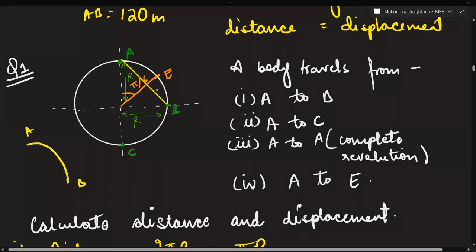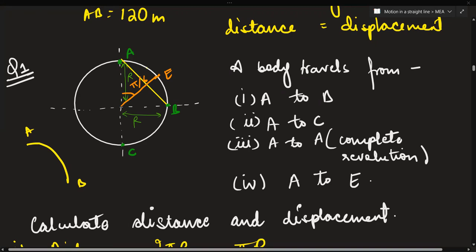But when I'm talking about displacement, I'll just see the initial and final point and join them with a single straight line. No need to curve your path or change your path. Whenever you're calculating displacement, simply drop a straight line and make the path closed. So AB, this yellow line that you have here, shows the path covered by the body from A to B. And the curved path AB was the distance.